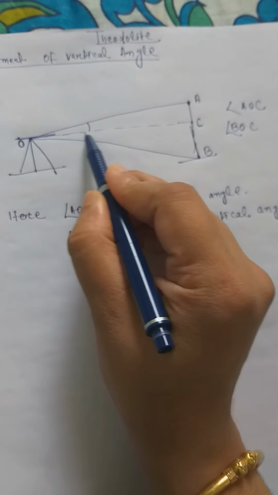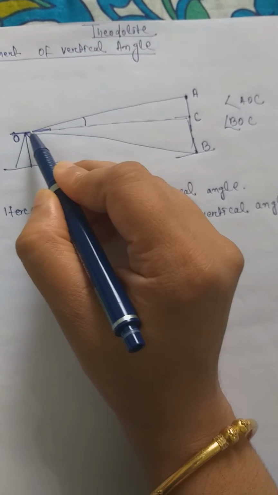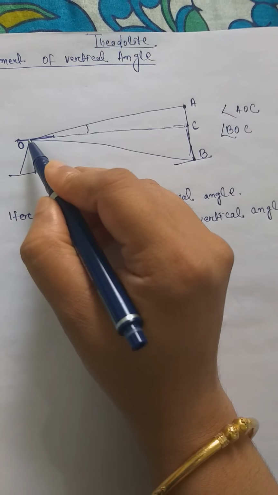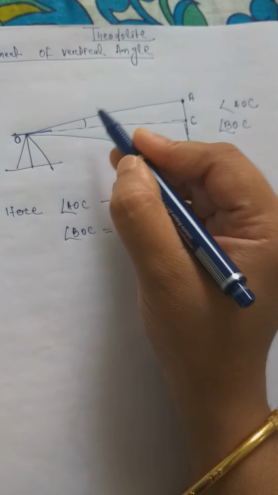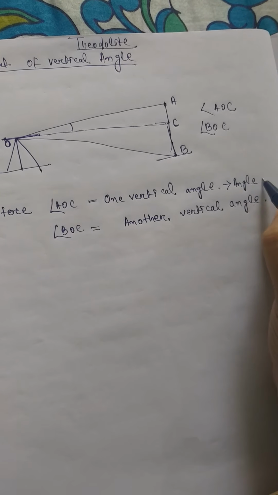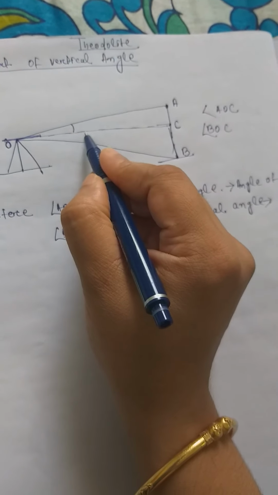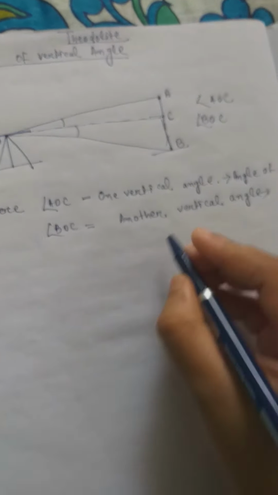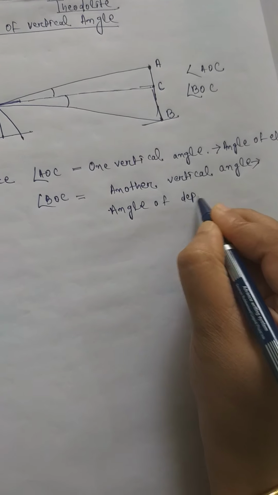This is our line of collimation, which passes through the sight vane and the object vane and continues till the staff. When we measure the angle above the line of sight, it is called the angle of elevation. And when the angle is measured below the line of collimation, it is called the angle of depression.